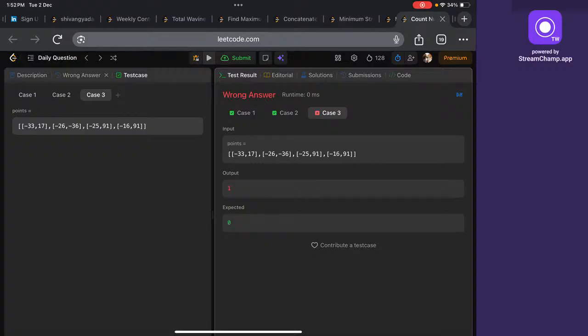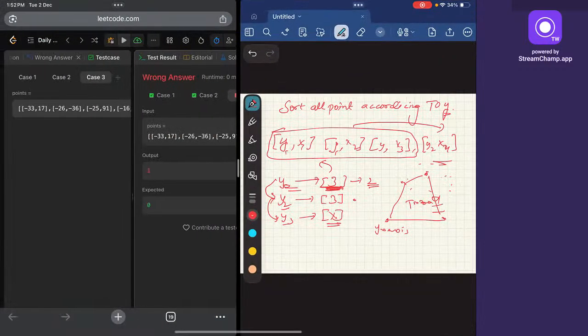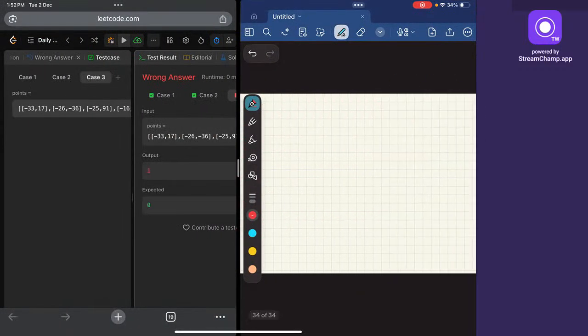Let's plot it on the graph. We have 13, minus 13 and 17. Assume 13 minus 33. Okay, something here.